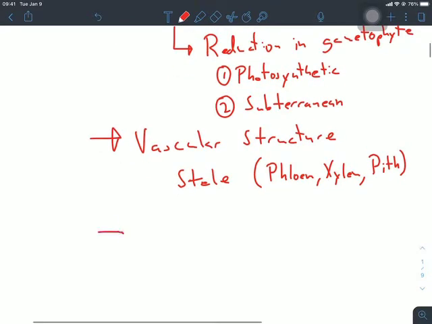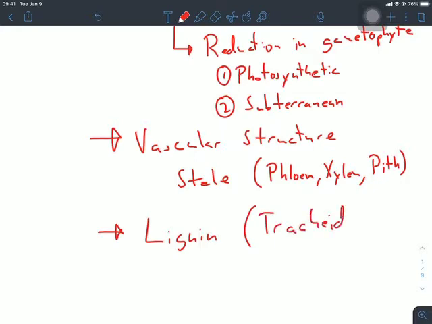Notably, the synthesis of a very important polymer, lignin, one that we've talked about before and we'll talk about a fair bit more in this lecture, coincides with our vascular land plants. This lignin was heavily deposited in the tracheids of plants to allow for water conductivity.